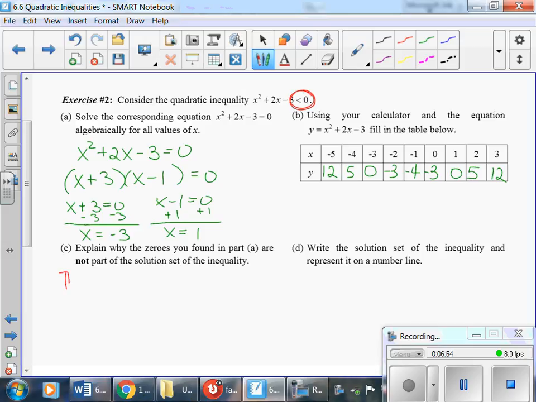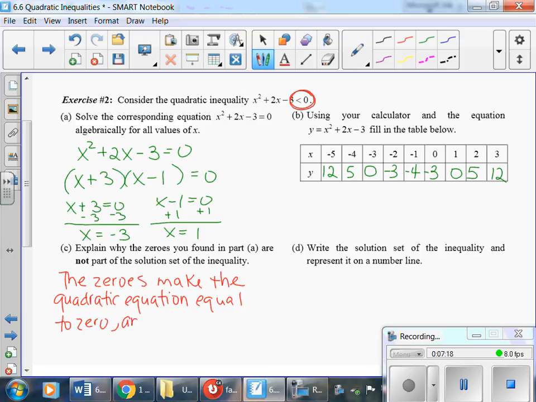So the zeros make the quadratic equation equal to 0. And in this case, the solution must be less than 0.